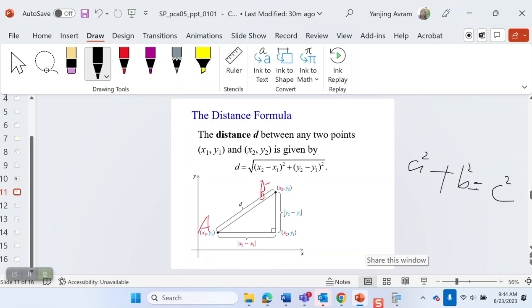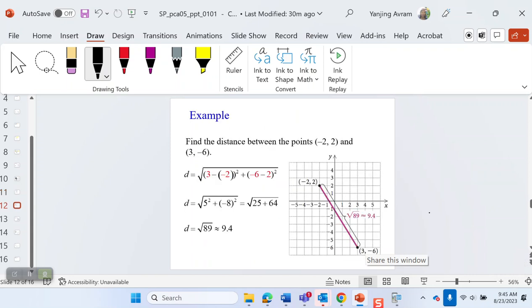So that's the side, right? So you have a squared plus b squared equal to c squared. And then if you want to solve for c, you just take the square root on both sides in here. So that is c in here. This c here is the d, the distance d in here. All right? So that is where this formula comes from.